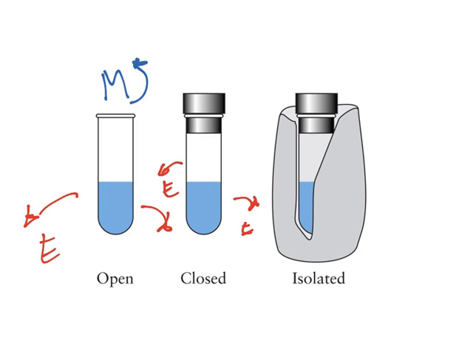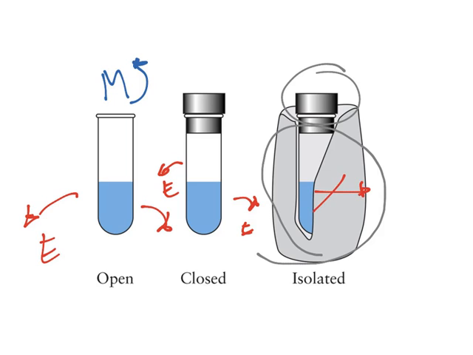And then our isolated one, you can see that it's also covered right here, and it's isolated because of this foam or whatever material that is preventing the energy from coming out. So you can call it an isolated system, no matter nor energy exchange. And that's the difference between the three types of systems.